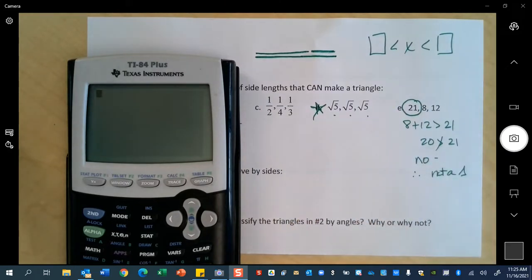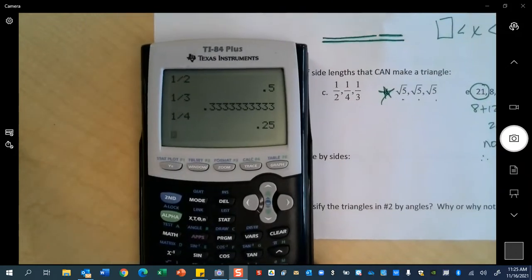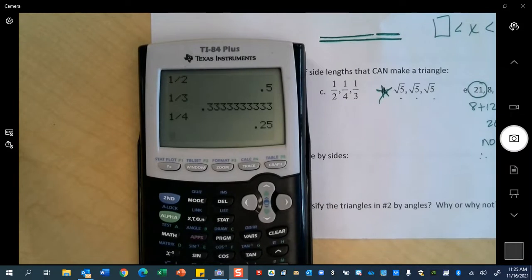All right, so when we're talking about each of these fractions, all you need to do on your calculator is 1 divide by 2, 1 divide by 3, 1 divide by 4. When you do that math, it shows you very clearly what each one is worth decimal-wise. Now, our hope is that you recognize that the larger the number in the denominator, the smaller the value of the fraction.